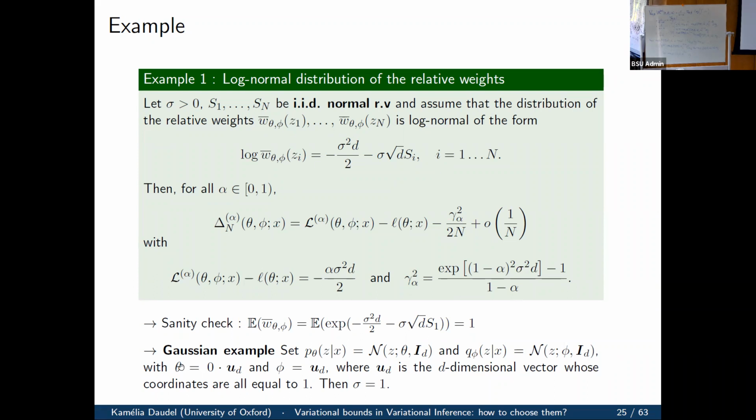If I take theta, which is 0 times the unit vector of dimension d, and phi, that is just the unit vector, then I satisfy this log normal distribution of the relative weights with a sigma equal to 1. So we've got a practical example in which we can apply our theorem 1.